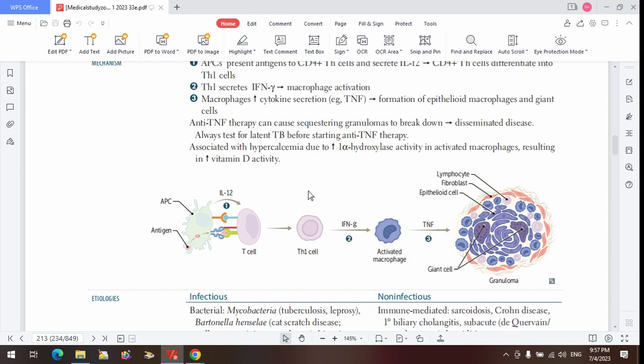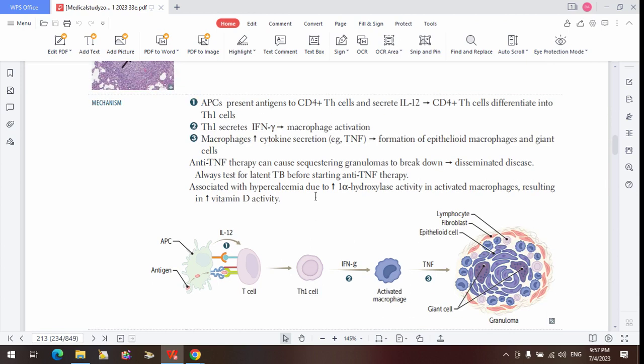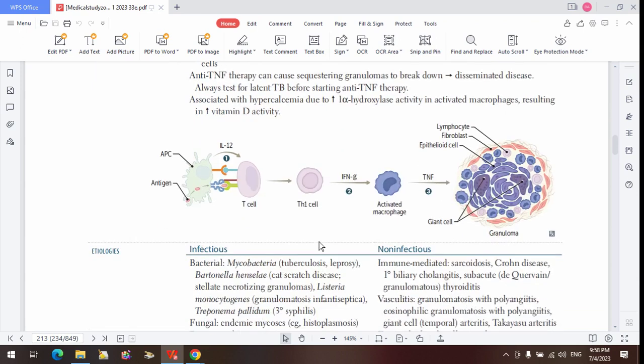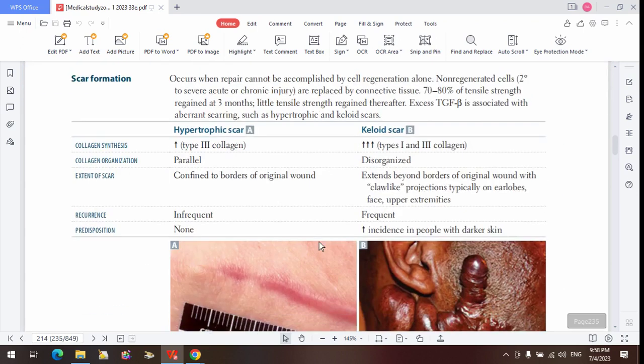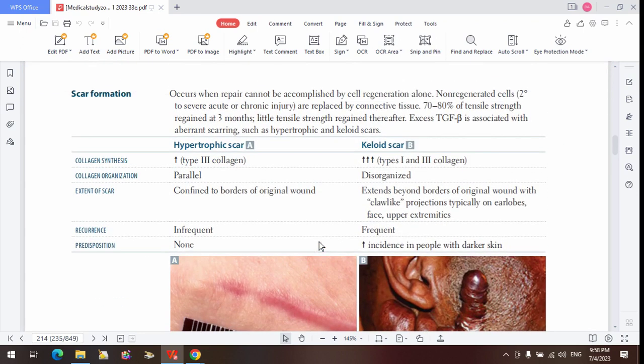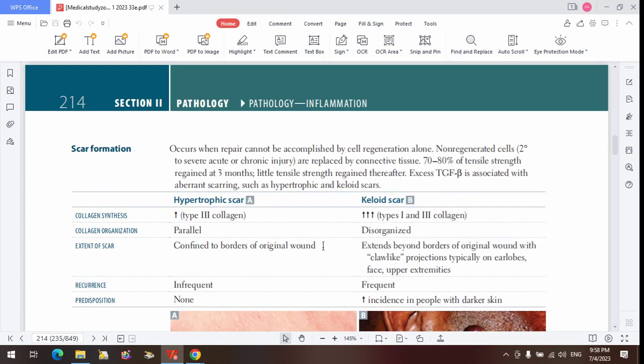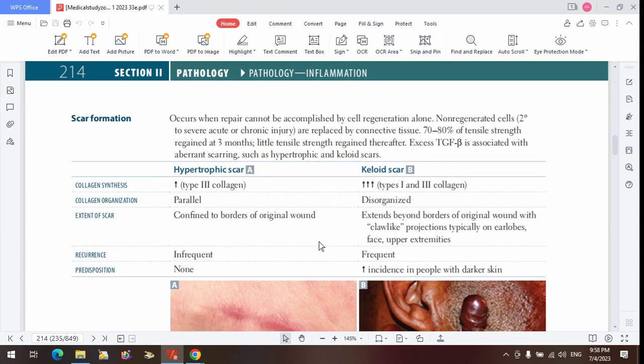So that's one thing you want to watch out for in some granulomas, particularly in sarcoidosis. There's hypercalcemia in them because of this process. So that is that. Is it clear now, ma? Yes, it is. Okay. Thank you.